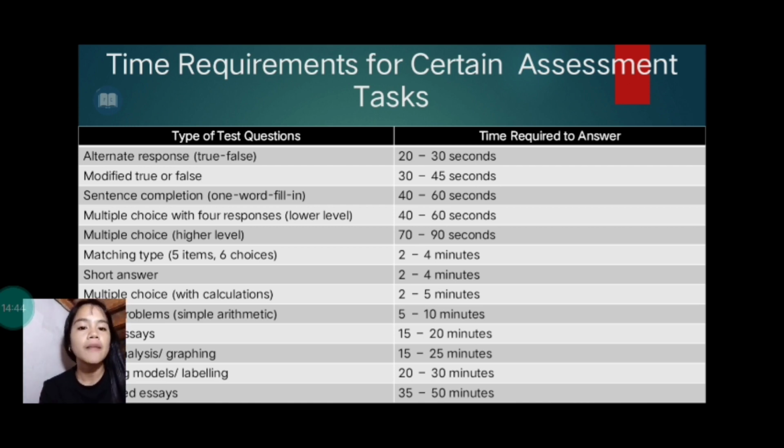So if we have only 1 hour and 30 minutes, we have to make our assessment exact, it should not exceed the time and should not fall short, because if it falls short, it reduces the validity. But if it is too much, the students may not be able to manage, and it is not valid because not all the answers are given by the students. So we have this guide on how to make an assessment that is truly valid.